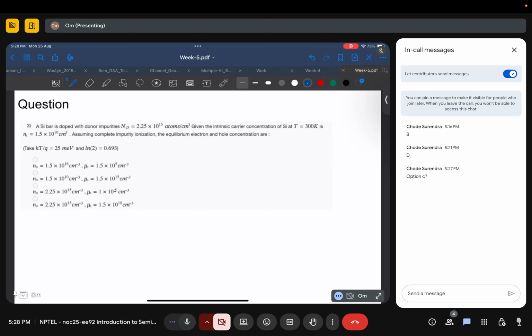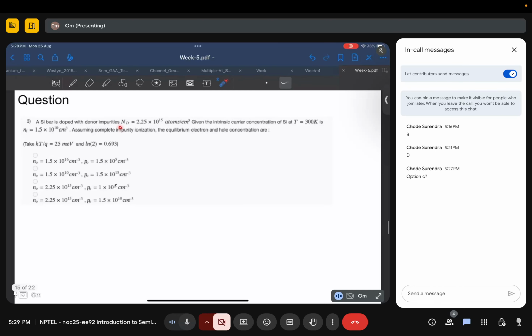All right, so let's see this. Yeah, option C is correct. So this is a very simple question. We have a silicon bar doped with donor impurities Nd. The intrinsic carrier concentration at 300 Kelvin is 1.5 into 10 to the power 10.